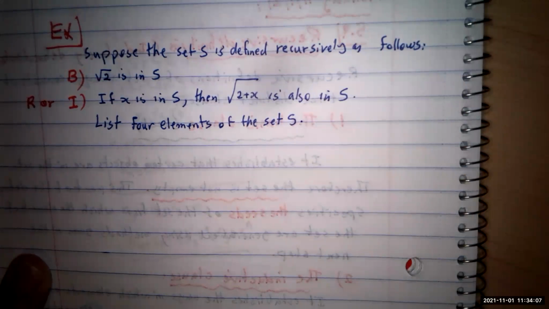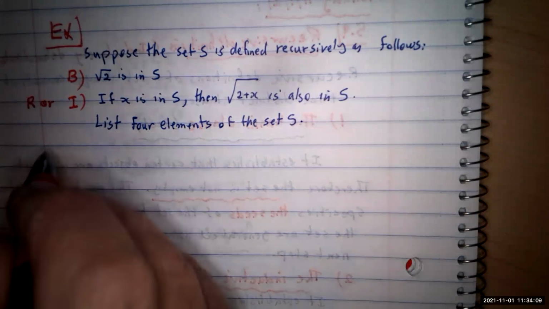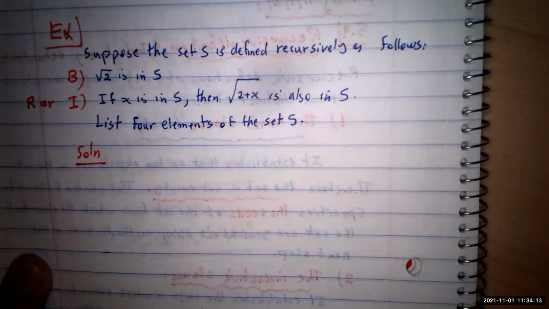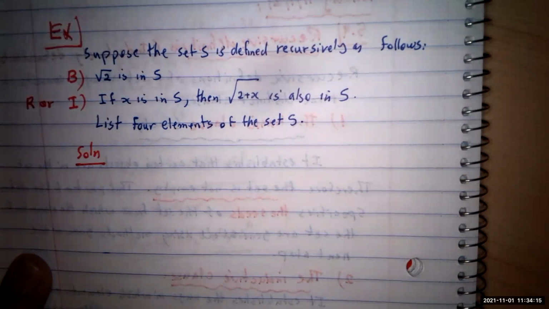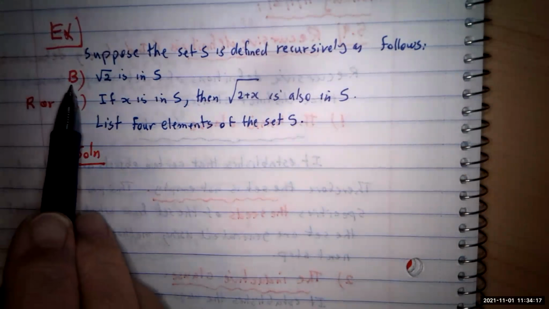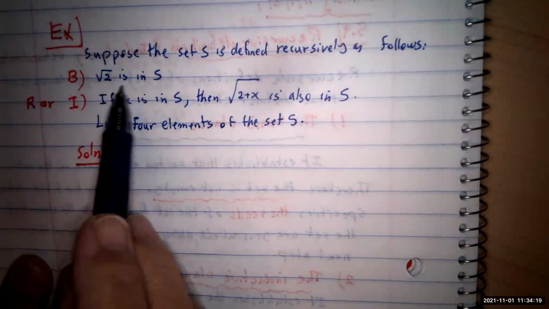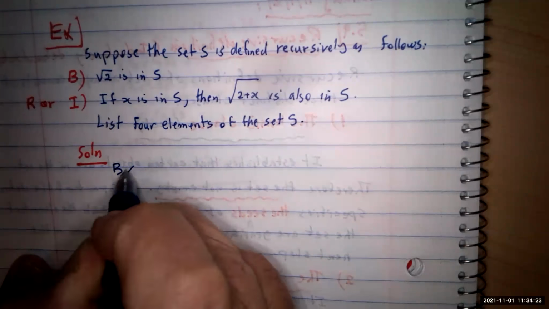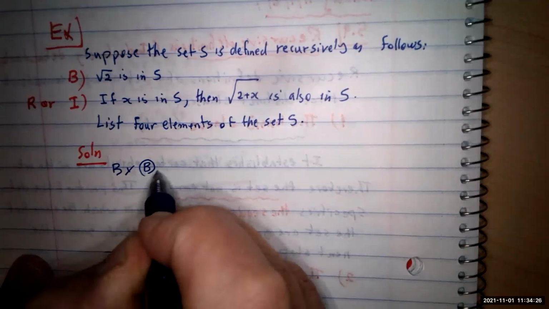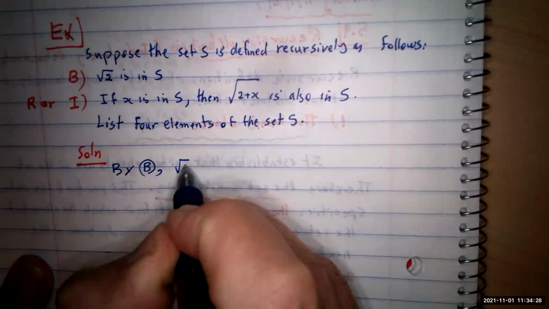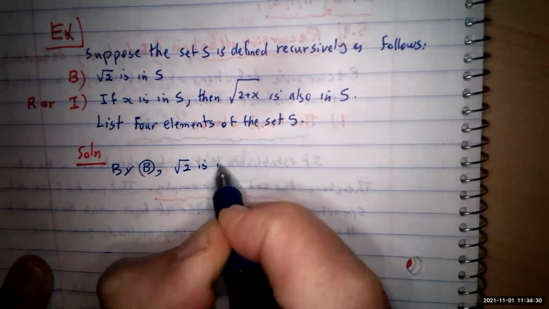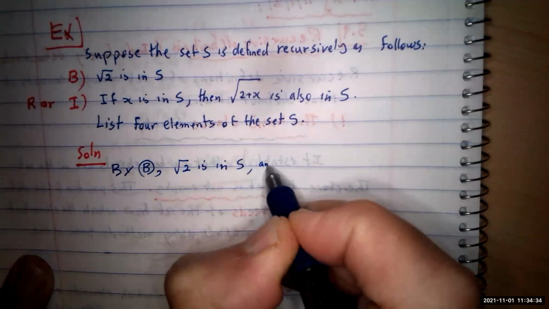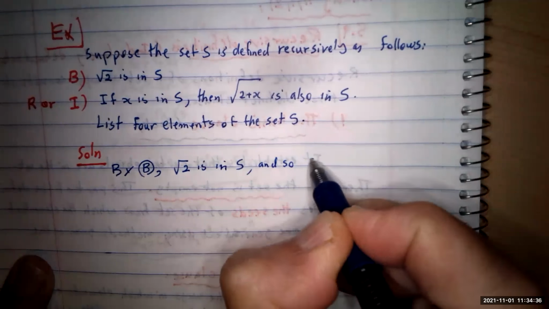Okay, are you ready? This is the way you do it. Solution. Step 1, you have to show that this set is not empty. You get help from the B. B is the seed, remember? So you claim that by B, radical 2 is in S, and so your set is not empty.